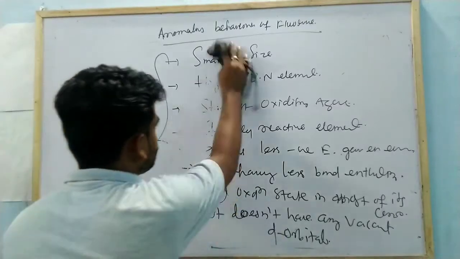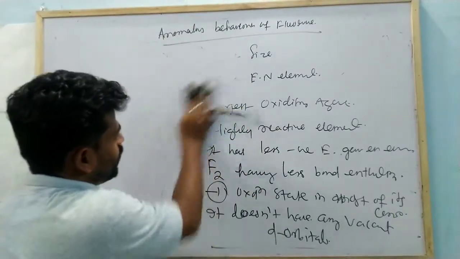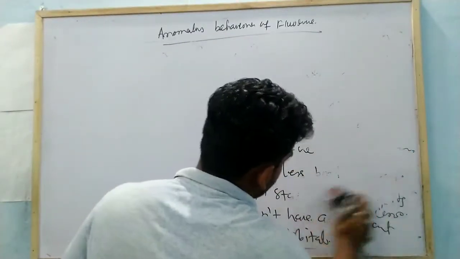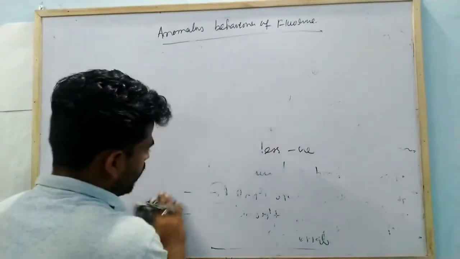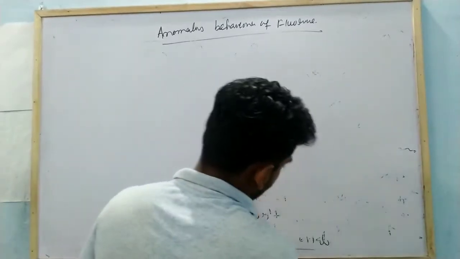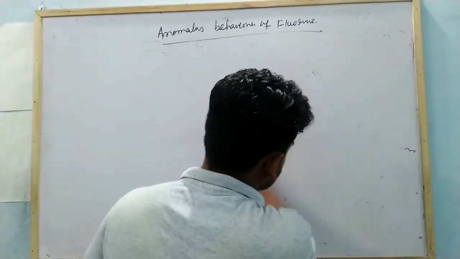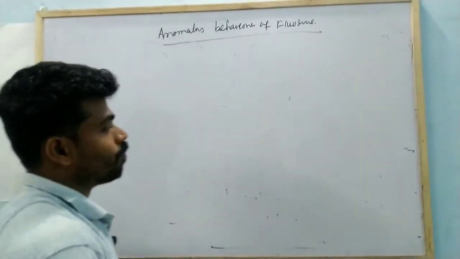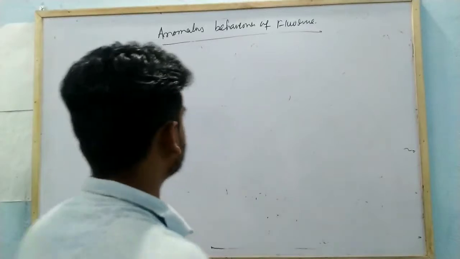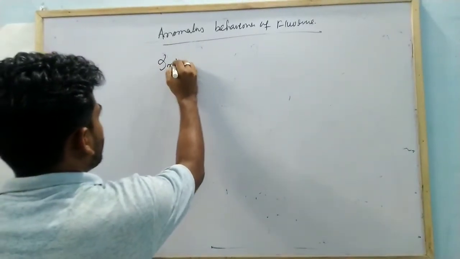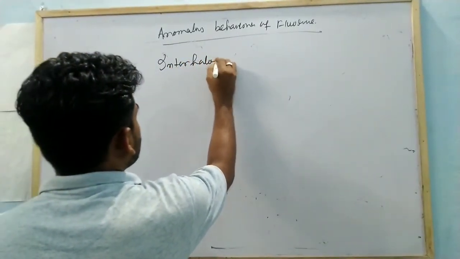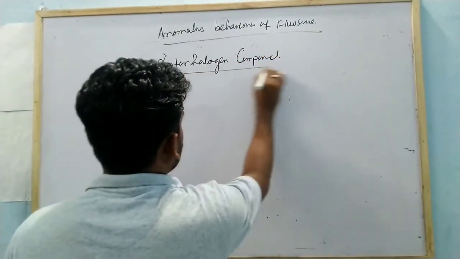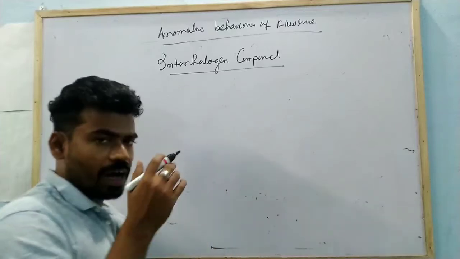Next in our topic, interhalogen compounds. Interhalogen compounds are the compounds formed between halogen atoms.